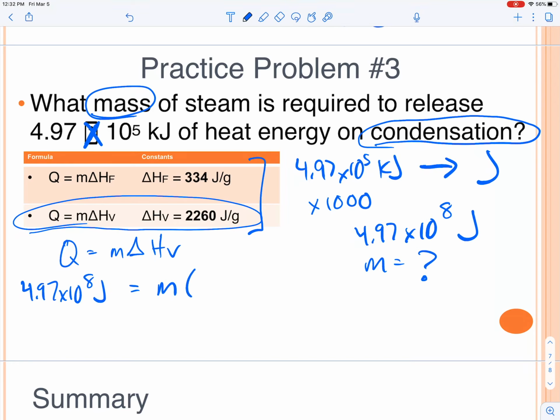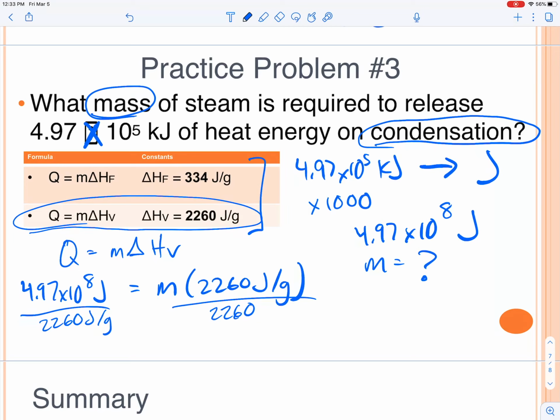We don't know mass, but we do know all the other numbers. Now we just want to solve for mass. Divide by 2,260 joules per gram. These will cancel out, and I'm left with about 290.